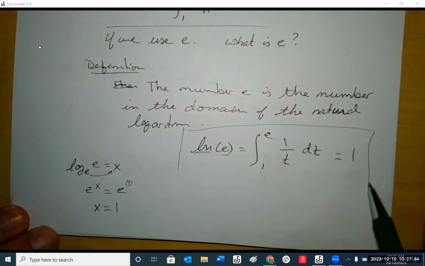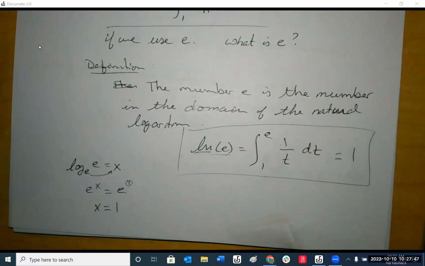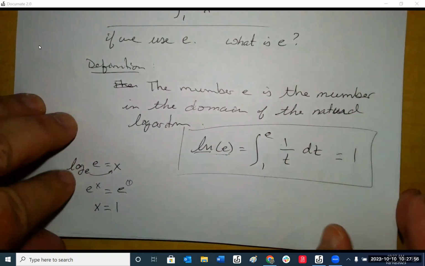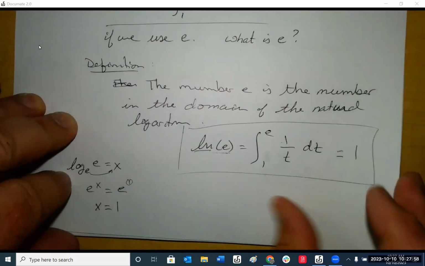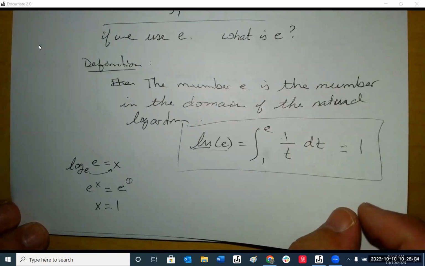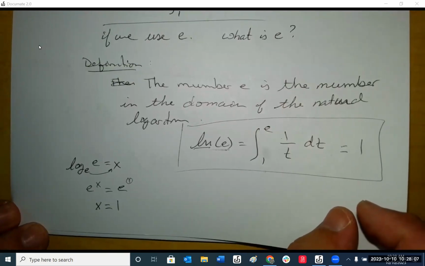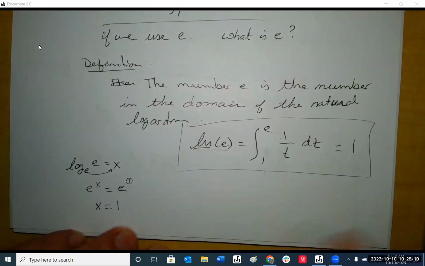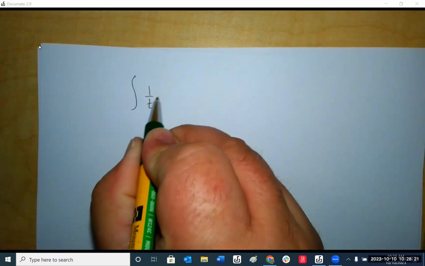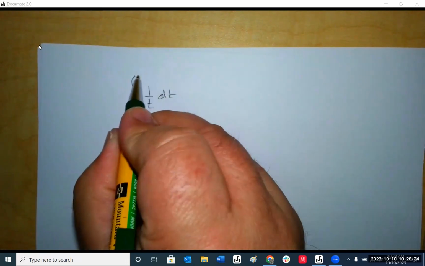So let's go ahead, for giggles and grins, and take this integral. How would you do it? Take the integral of 1 over t dt, or 1 over x, whatever you want to use.